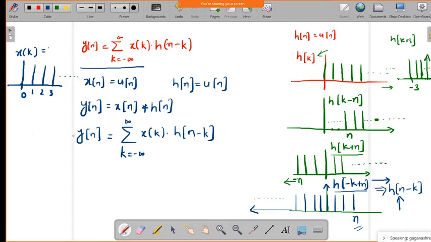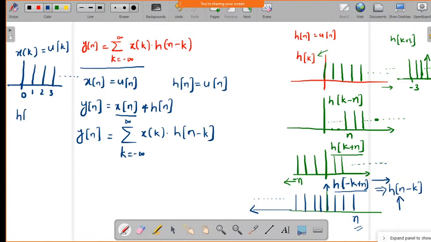So now we need to define what x of n is, first the input signal. Here x of n is given, it is u of n. So if I change it to variable k, x of k equals u of k. What is the value of k? It is from 0 to infinite value. Similarly you need to define h of n.